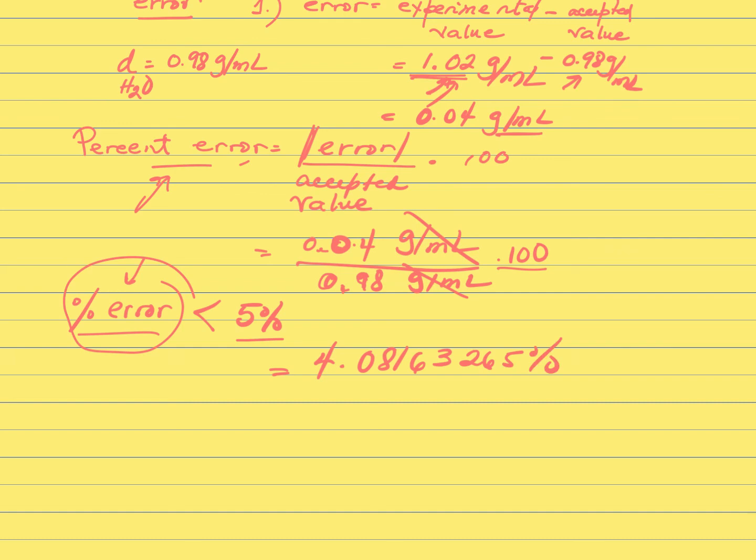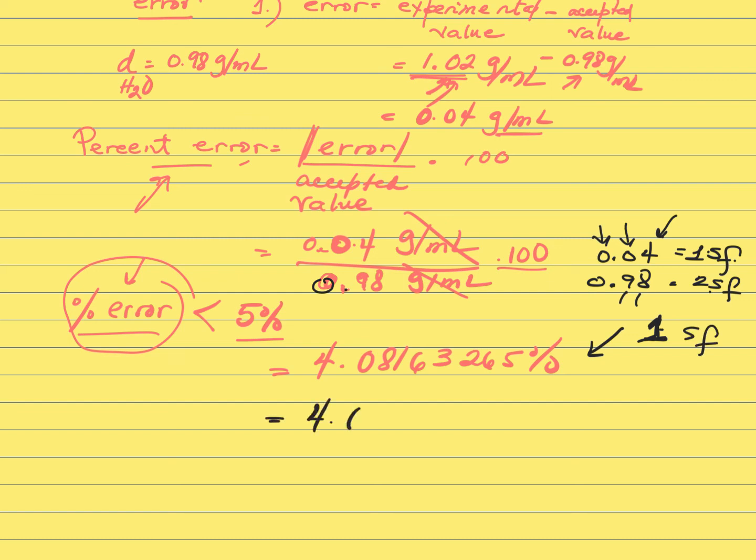I don't have to tell you that because I was teaching before how to work with significant figures. 0.04, all the zeros, they are to the left. Okay, they are placeholders. So I have over here one significant figure. 0.98, two significant figures. So I need to express my error with the smallest amount of significant figures, meaning that I have to express that with one significant figure.